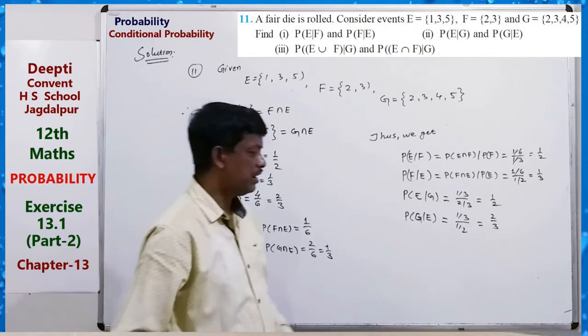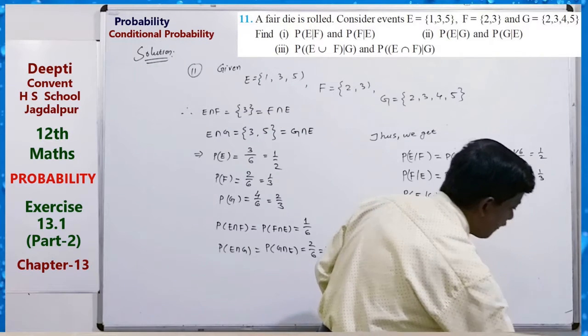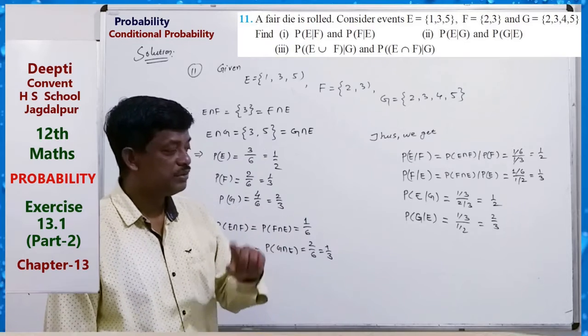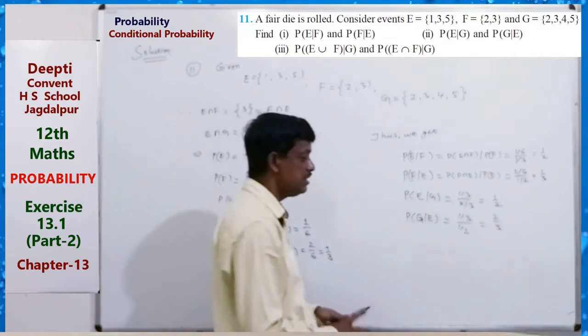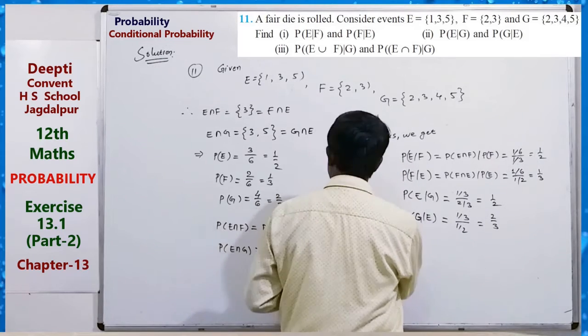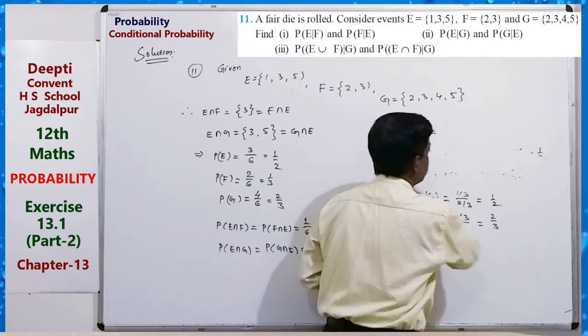Now we have to find P(E union F) by G. After finding this, we have to find the value of what?